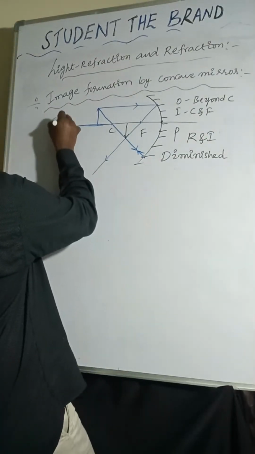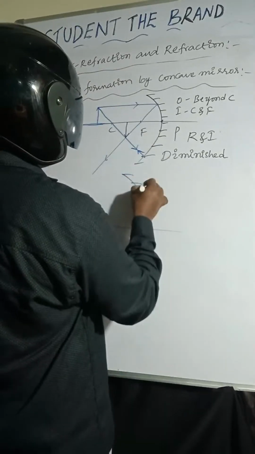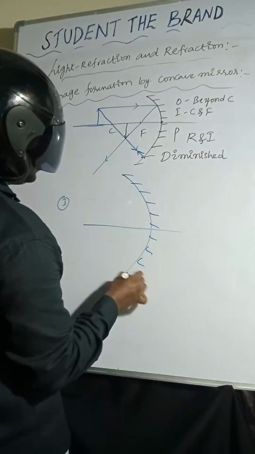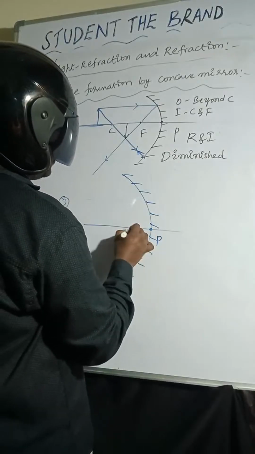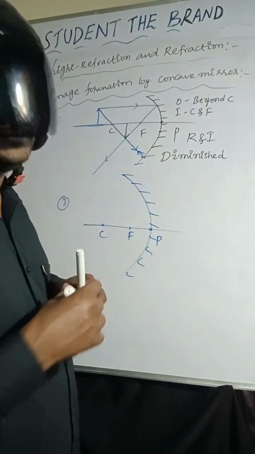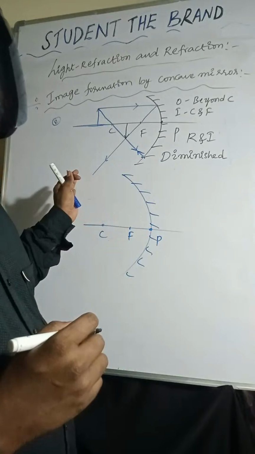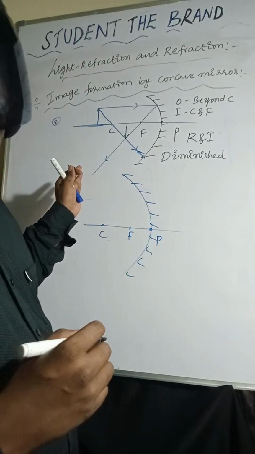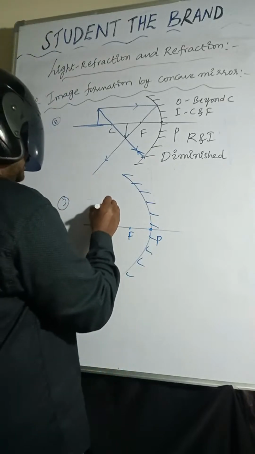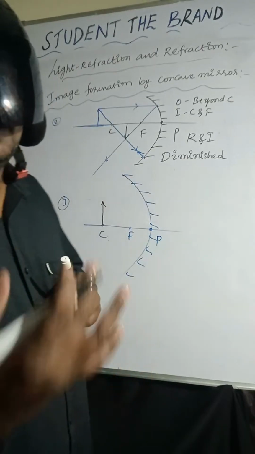So this is the second one. Coming to the third one. This is the pole, focus, center of curvature. Object is placed at center of curvature. Where will the image form?